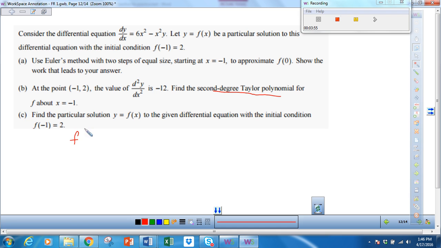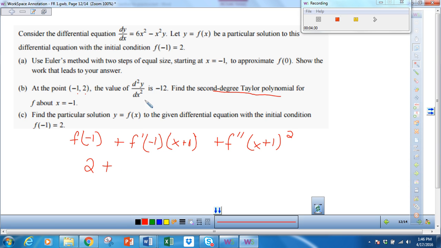About x equals -1, so it's going to be f of -1 plus f prime of -1 times x minus -1, or in this case x plus 1, plus f double prime over 2 factorial times x plus 1 squared. So we know f of -1, they gave us that somewhere, it's 2.